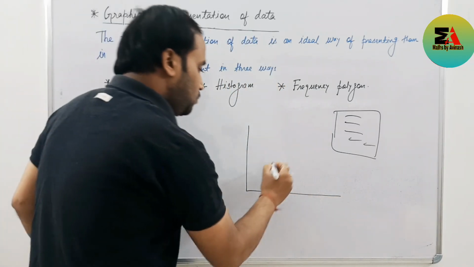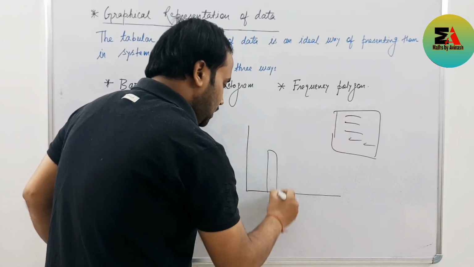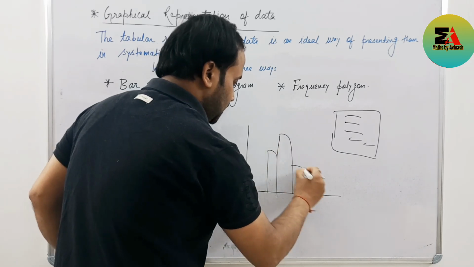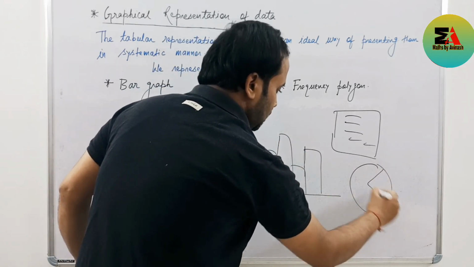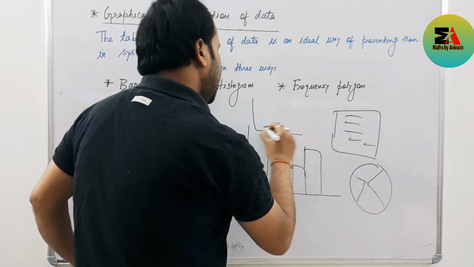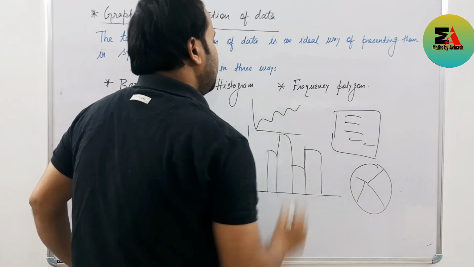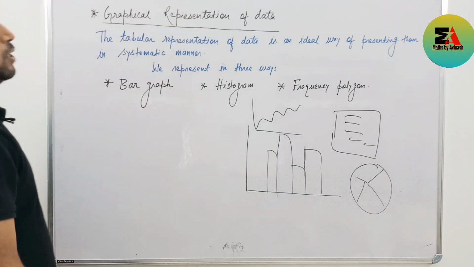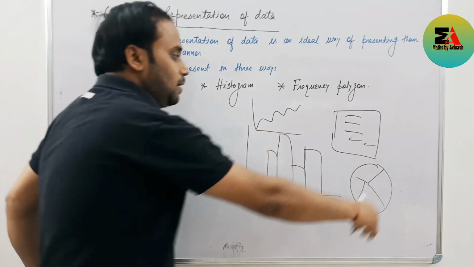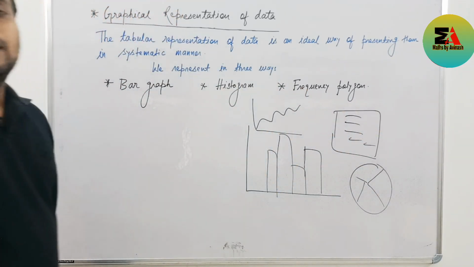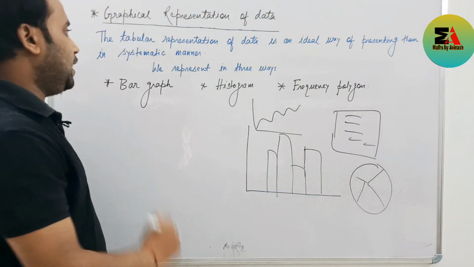Pictorial form means we show the data in the form of pictures, like these building blocks, circle form, or this one line form. This is known as graphical representation of data.